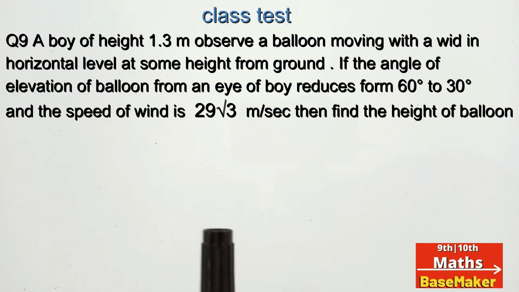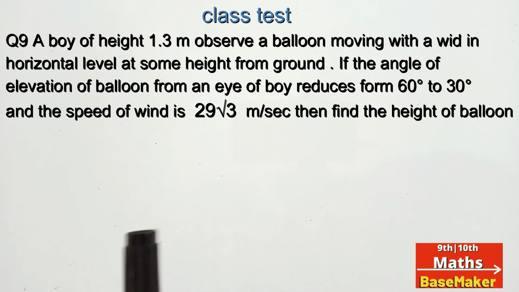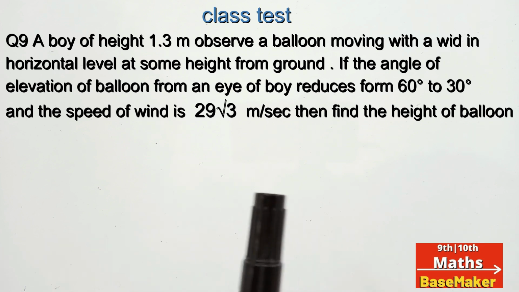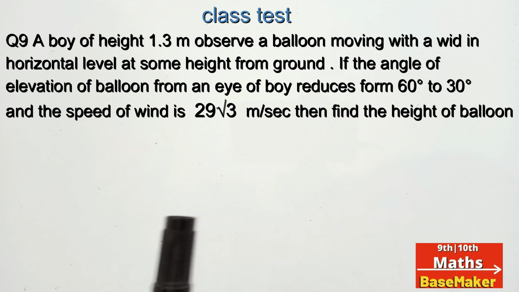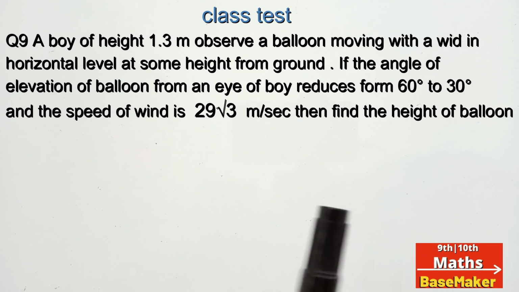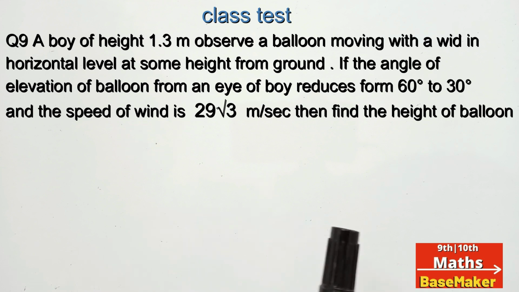A boy of height 1.3 meters observes a balloon moving with the wind at a horizontal level. If the angle of elevation of the balloon from the eye of the boy reduces from 60 degrees to 30 degrees in 2 seconds, then find the height of the balloon from ground level, given that the speed of wind at the moment is 29 root 3 meters per second.